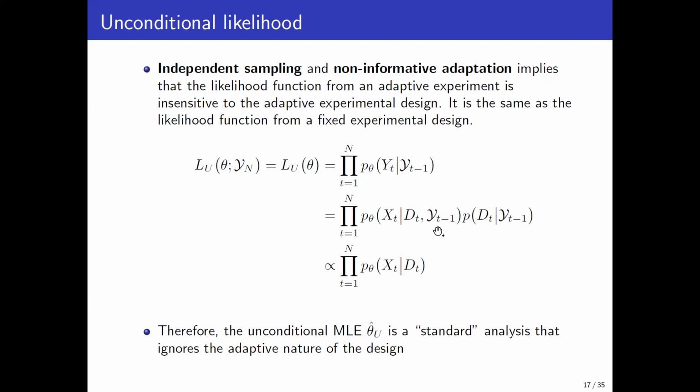And then here is our conditional independence assumption, where this term becomes independent of the process history. So our two assumptions effectively allow that unconditional likelihood to reduce down to the likelihood associated with a fixed design study. And that's really the motivation for a standard analysis, just using the unconditional maximum likelihood estimator, for example, when applied to an adaptive design.